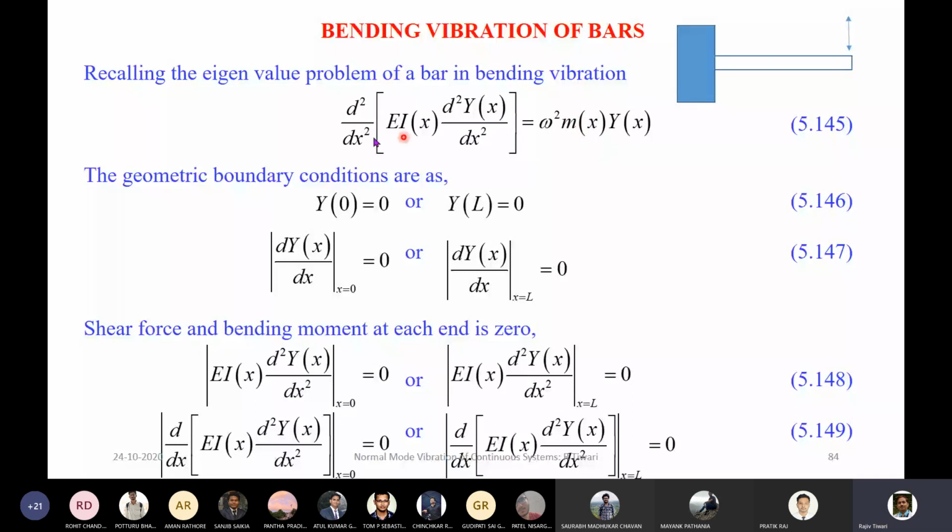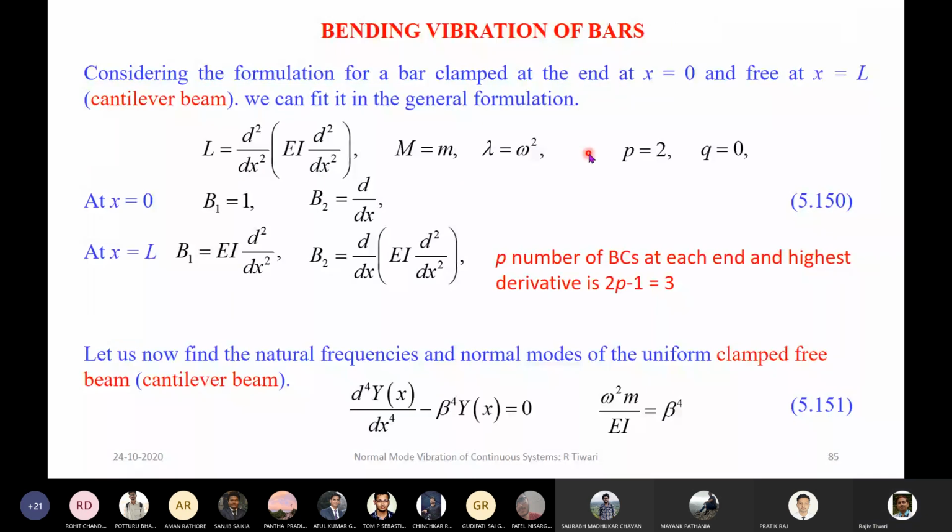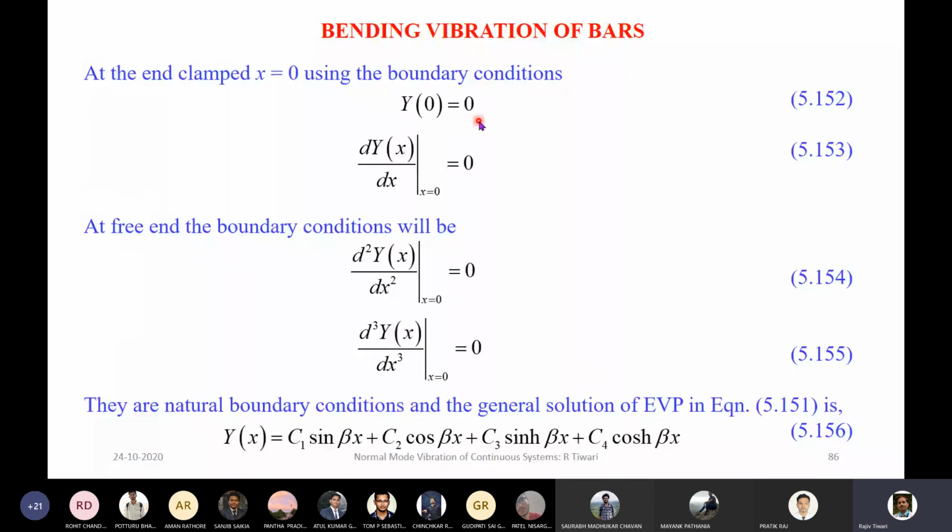So this equation can be written after rearranging like this, where beta is now defined differently, containing the beam properties. Here you can see this is a fourth order ordinary differential equation, and this is a homogeneous equation. For the cantilever case, we know the boundary conditions: at the fixed end displacement is 0, slope is 0. At the free end we have bending moment 0 and shear force 0.